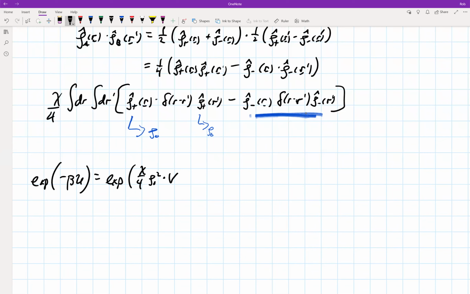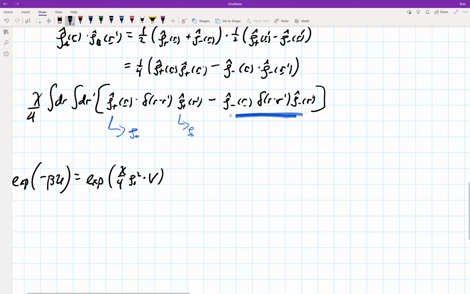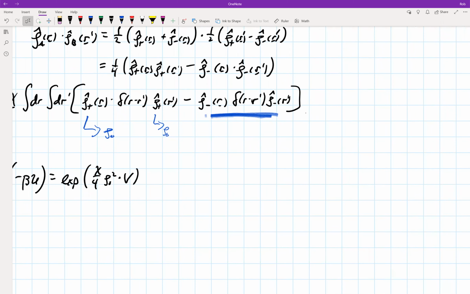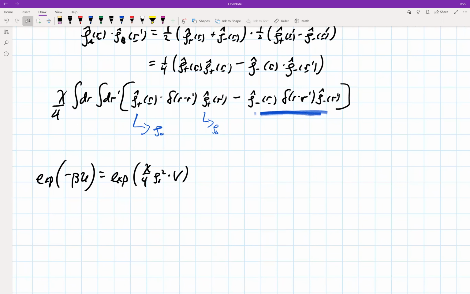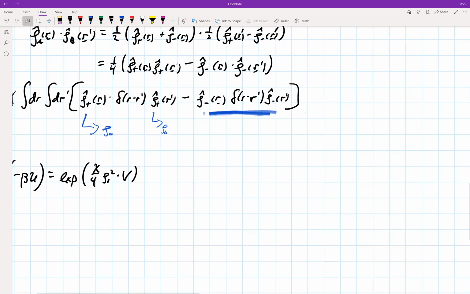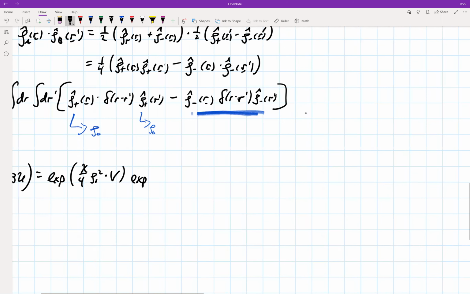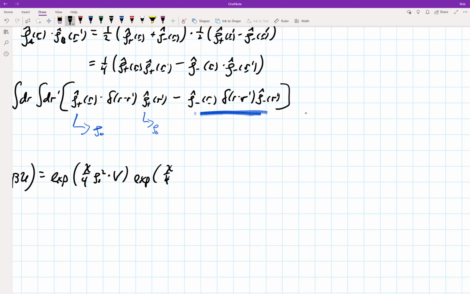So it's not really giving us anything that we need to be overly concerned about. And then the second term is just going to give us simply an exponential. Now, because we have this minus sign in here, it's going to be plus chi over 4 integral dr prime rho minus hat of r delta function rho hat minus r prime.